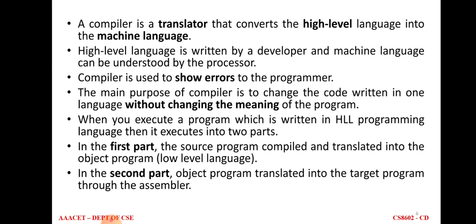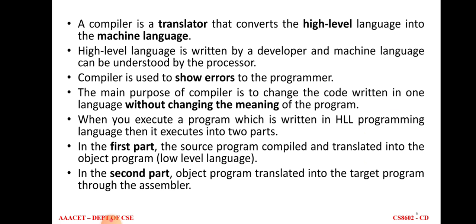It is used to show the errors to the programmer, and its main purpose is to change the code written in one type of language to an equivalent language without changing the meaning of the program. This is the main purpose or scope of the compiler.